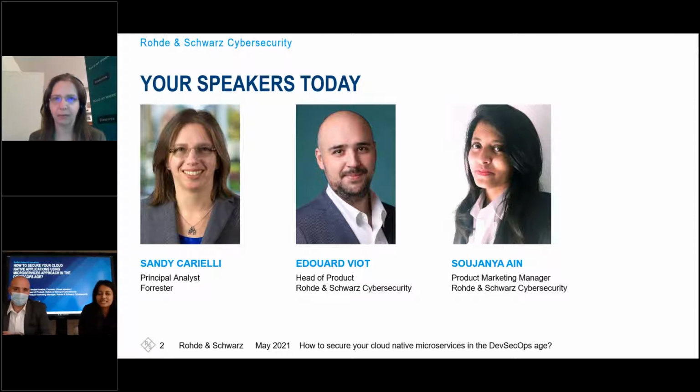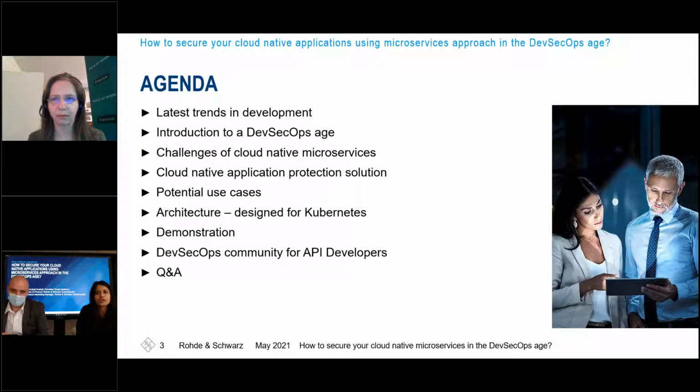So thank you for attending today, and let me show you a high-level agenda of what we are going to talk about today. So first, we are going to share interesting trends around development. Then we will give you a refresher on the DevSecOps age, talk about microservices security.